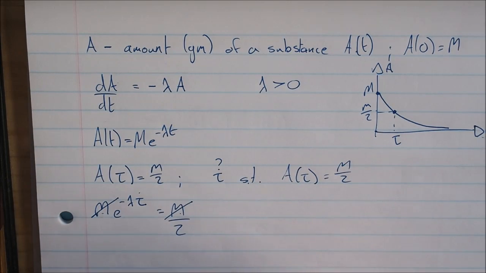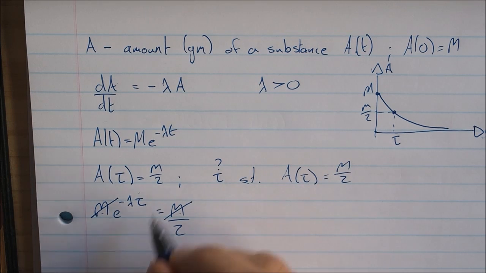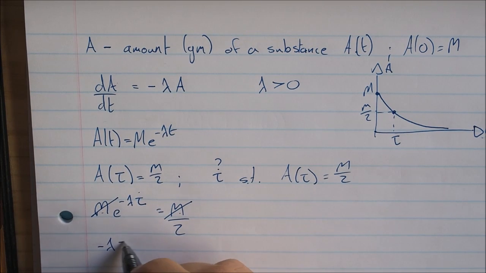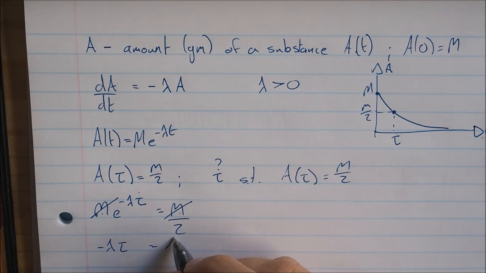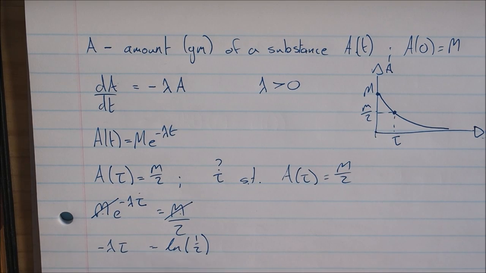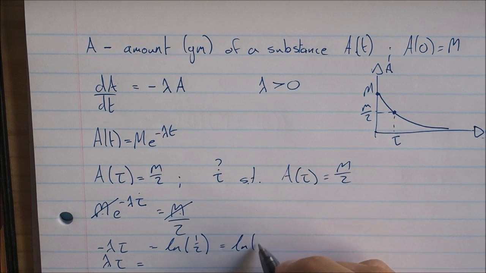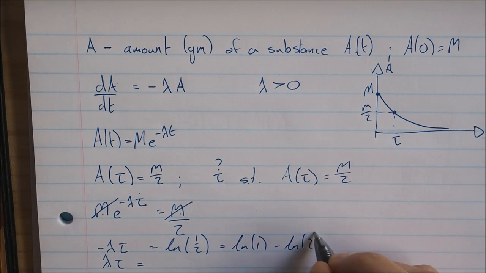So we can then take the log of both sides. So log of e to the minus lambda tau, the exponent comes down, so the minus lambda tau comes down. Log e is just 1, equals ln of a half. Okay, I can multiply through by a minus and get lambda tau equals, remember this is ln of 1 minus ln of 2.